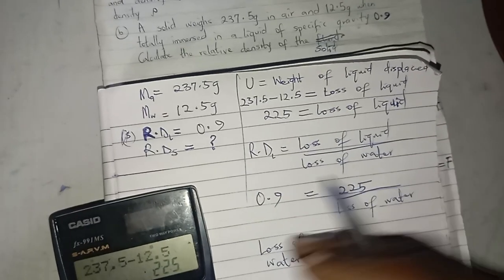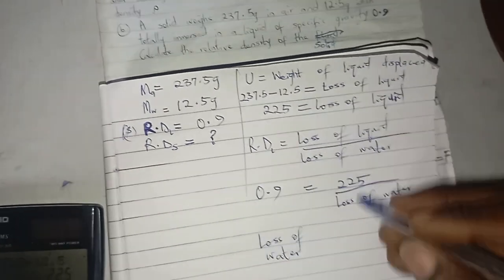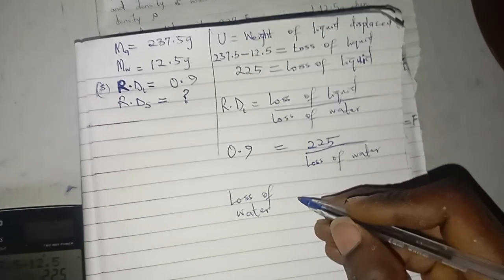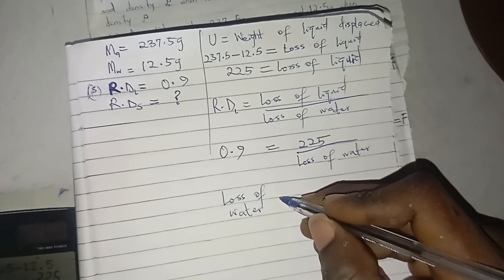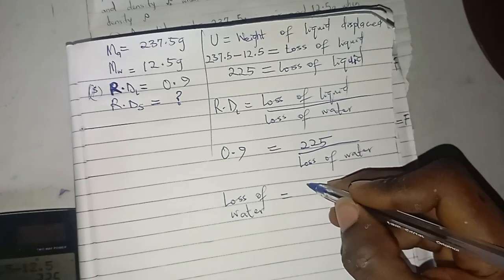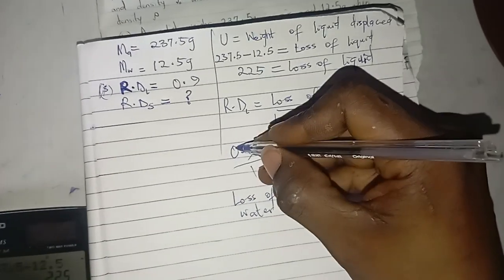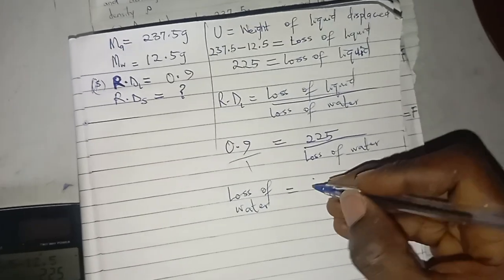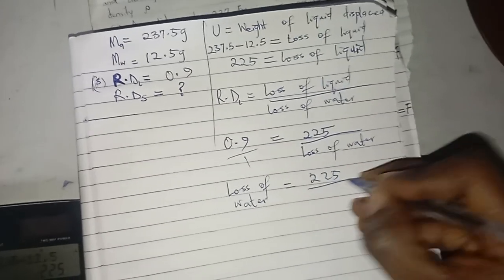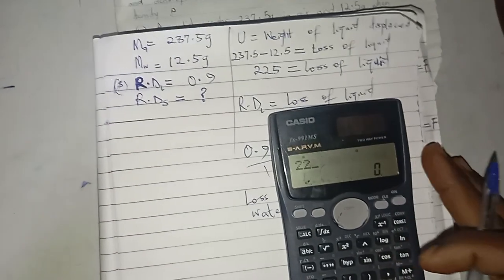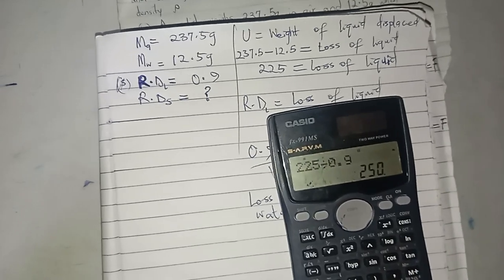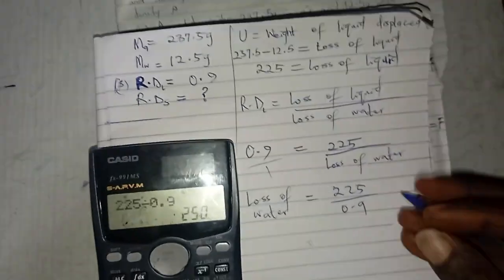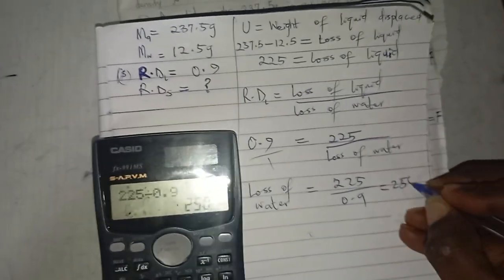So since they asked me relative density of the solid, I'm trying to make room to compare the relative density with water, with loss. So loss of water will simply come over here, become a coefficient, then divided by the coefficient. So 225 divided by 0.9. So the answer there for loss of water is 250.